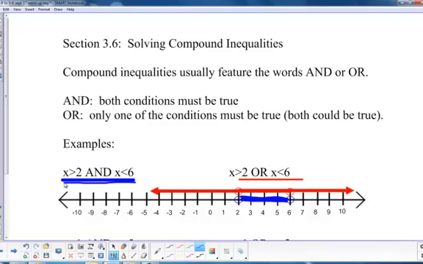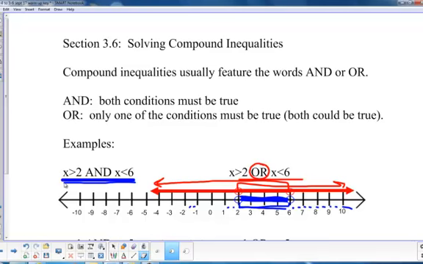If we want to graph one or the other, we've got everything greater than 2, everything less than 6, and everything that they both cover also. If I look at the first one, I've got greater than 2. This does extend farther up here, and my less than 6 does extend farther back here, but because it says "and," I'm not using this extra stuff. "And" is where both lines lay.